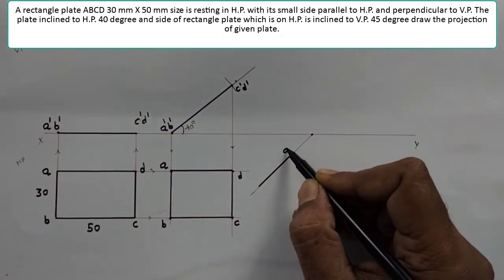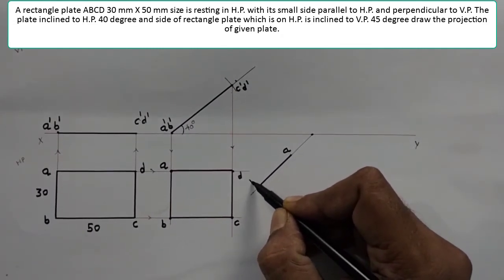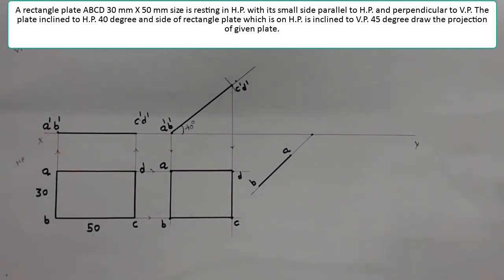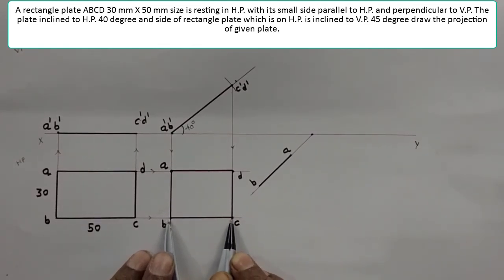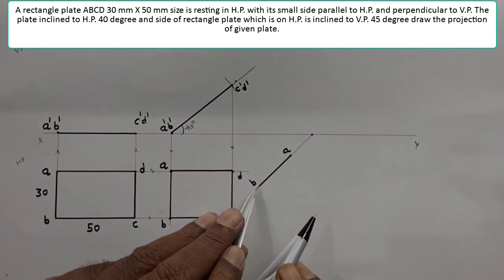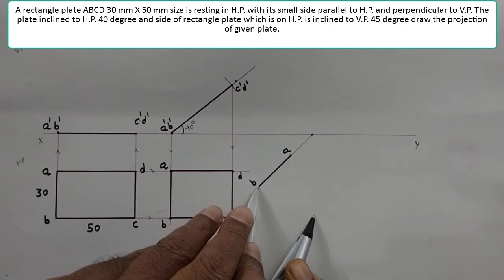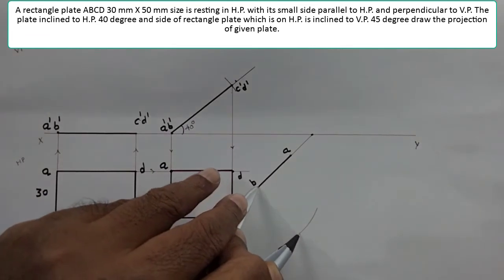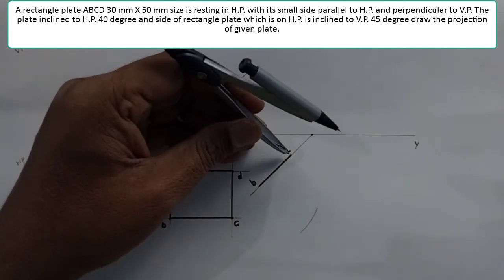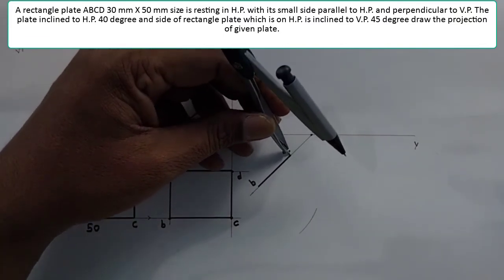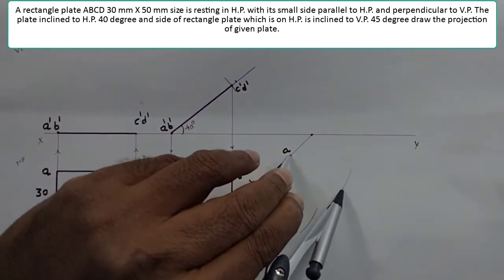this is my corner A, this is our corner B, and we go for our C and D points. So I take the BC dimension, the top view length, B point as center, I draw the arc. Similarly, A as my center, I draw the arc.